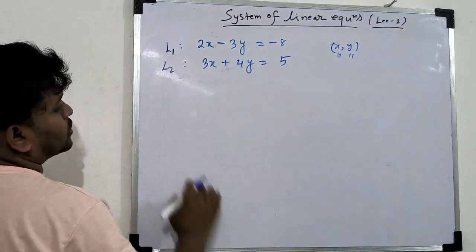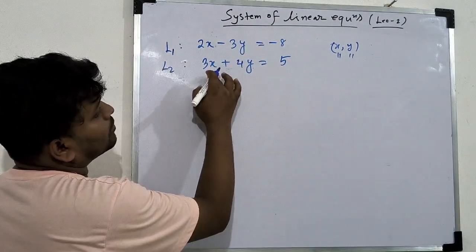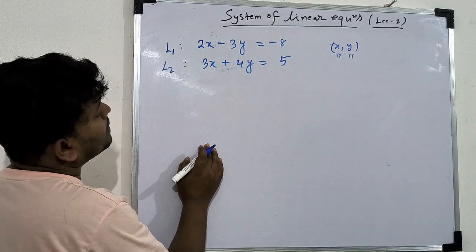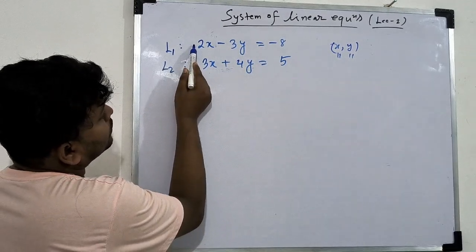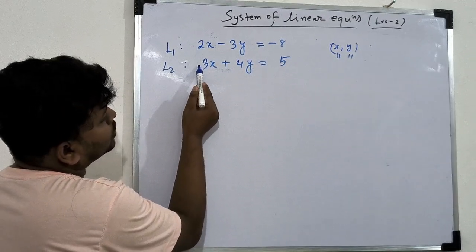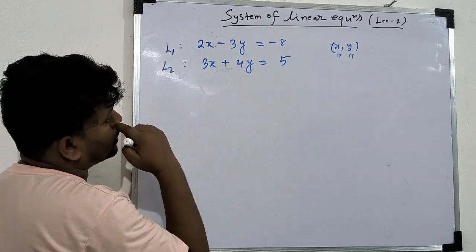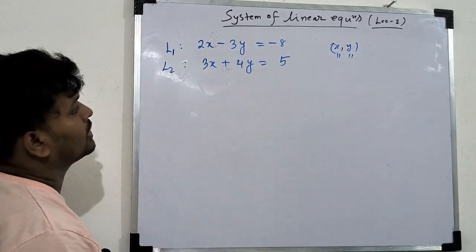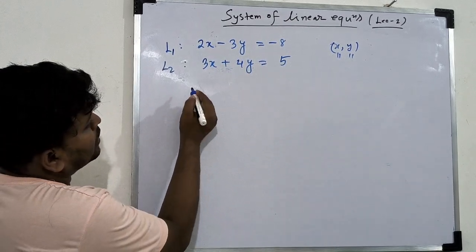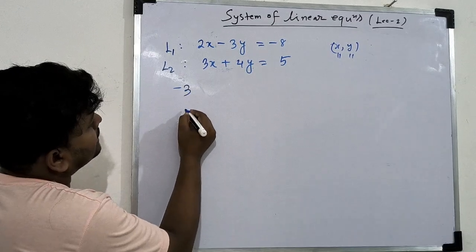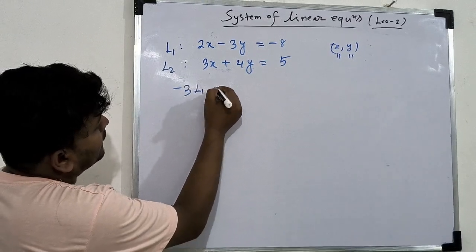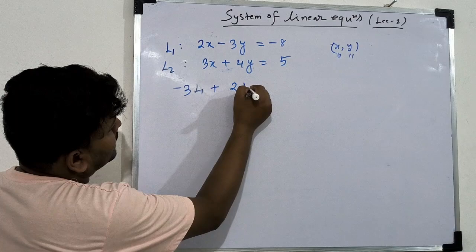So this is L1 and L2. If we eliminate x from this equation, we multiply 3 with this and 2 with this equation, or if we add, we multiply minus 3 with L1 and plus 2 into L2.